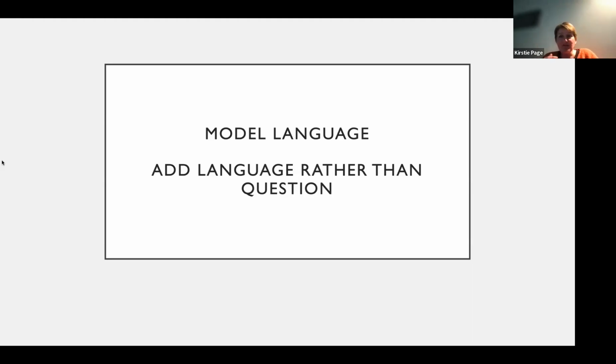A what question requires the child to name something. A where question requires them to name a location. A who question requires them to name a person. So there is a very specific structure between questions and answers that, of course, children need to learn.